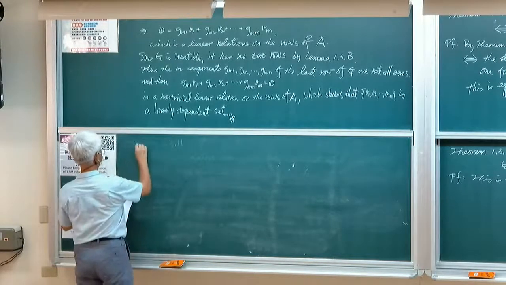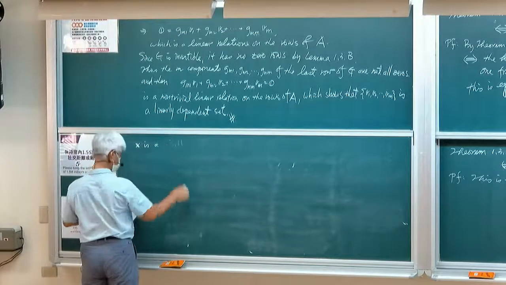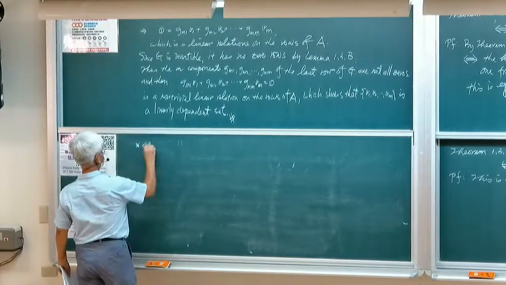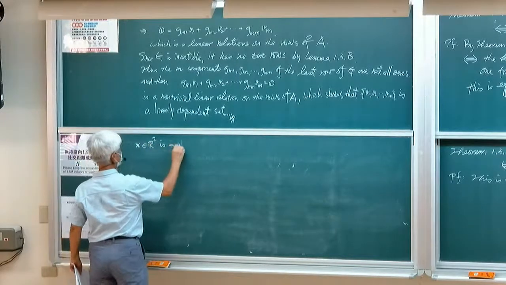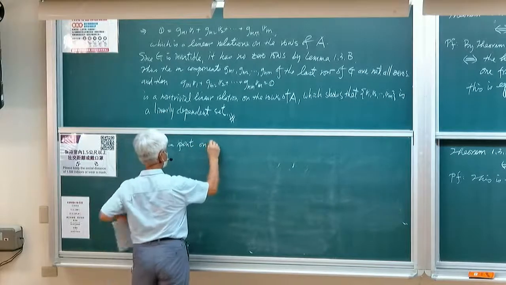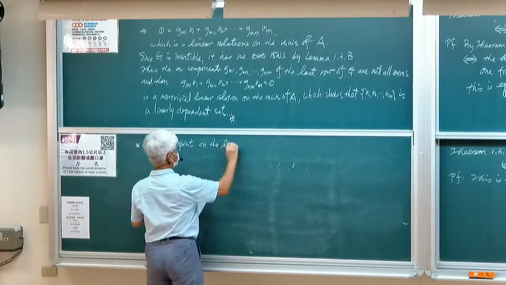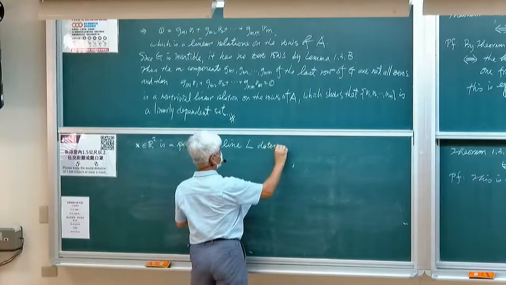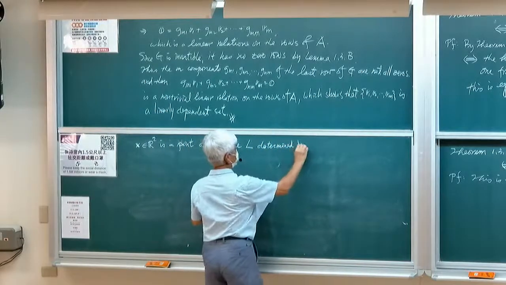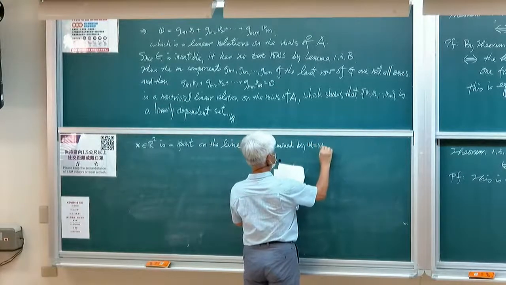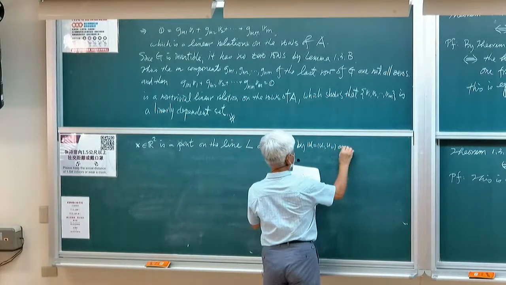Now x is a point on the line L determined by u and v.